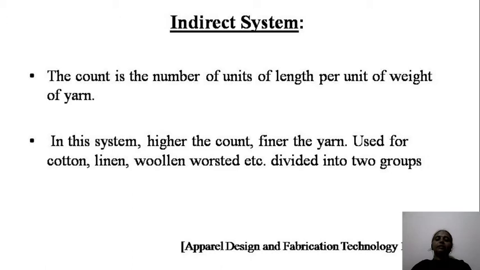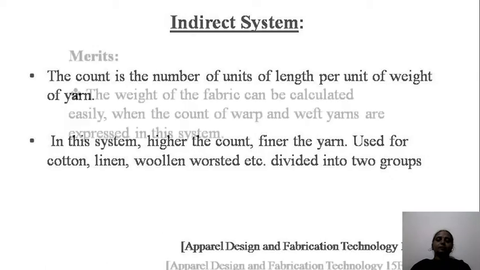But in the direct system, if the number is high, the yarn is coarser. That is an inverse relationship. This indirect system is used for cotton, linen, woolen and worsted yarns. It is again divided into two groups, the English cotton count and the metric system. These come under the indirect system.